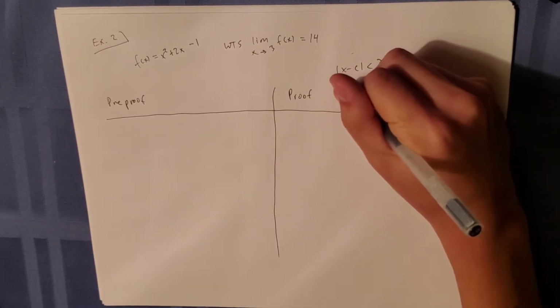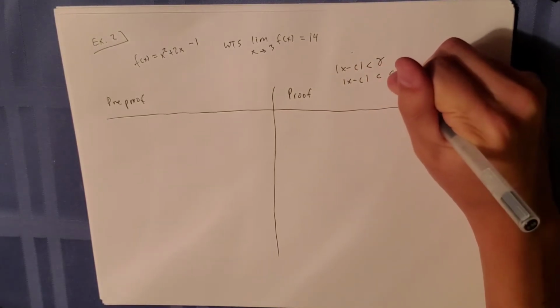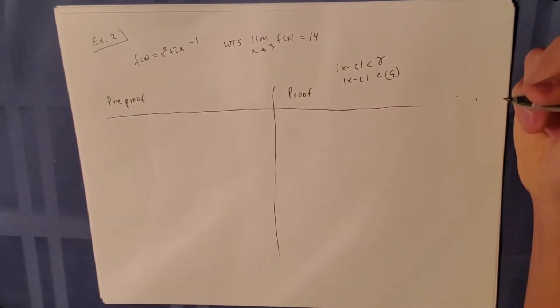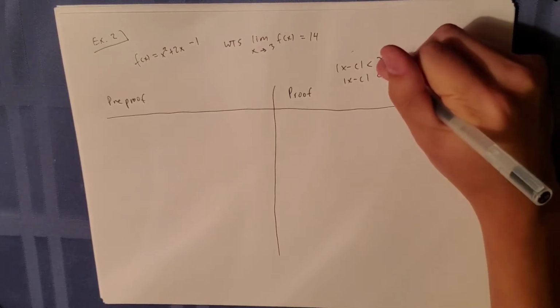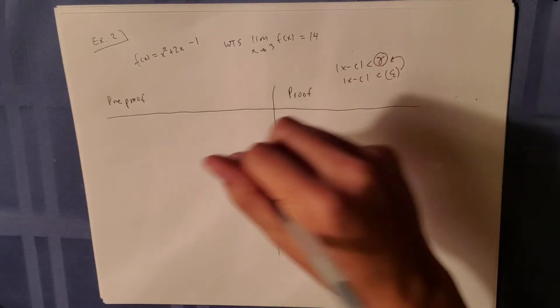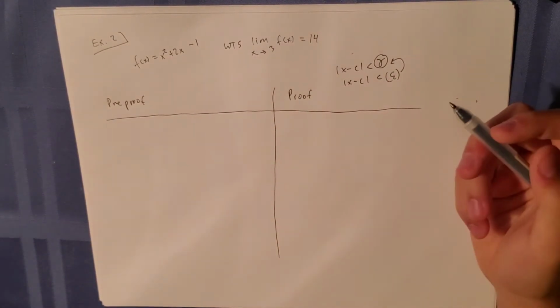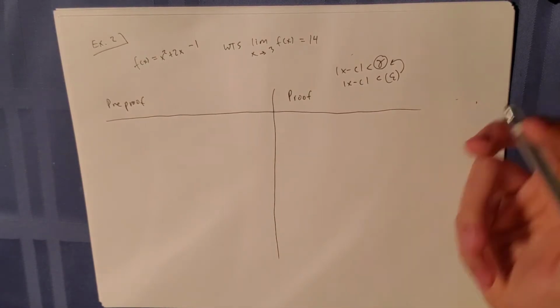So if we can express x minus c in terms of epsilon, then we can relate these two and we can show that we can always find a delta. So that is our goal in our pre-proof step. So for this example, let's write it out.